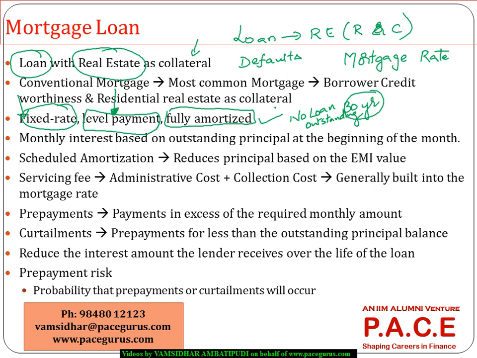Right? These are the three important characteristics that we see with any typical mortgage loan. The interest rate is fixed. The payments are uniform for the entire 30-year period and fully amortized. By the end of the 30 years, there is nothing else outstanding to be paid.